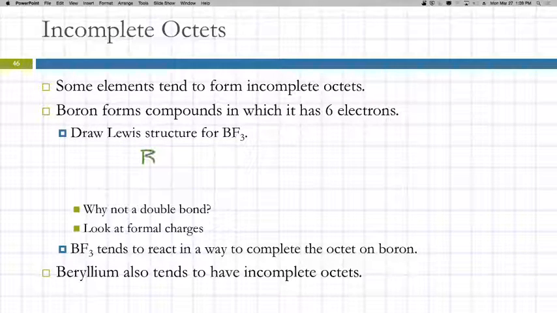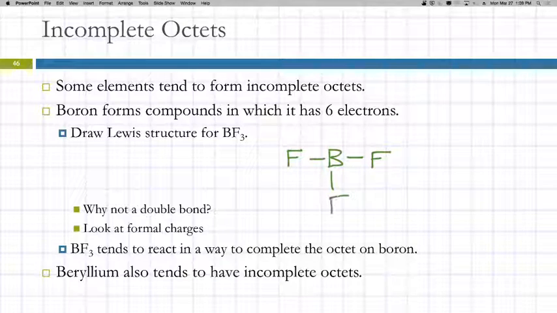Okay, so here's boron, and fluorine is more electronegative, so we're going to definitely put those guys on the outside. I'm going to move over because I'm not going to have enough space there. Boron and fluorines. So valence electrons, how many valence electrons does boron have? 3.